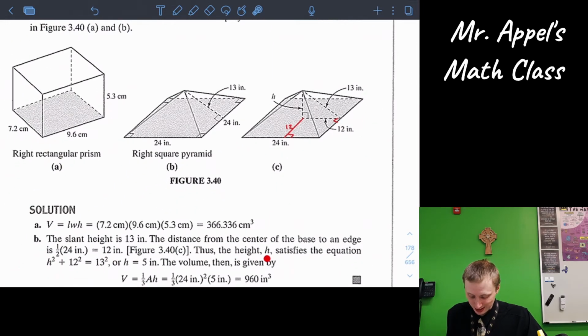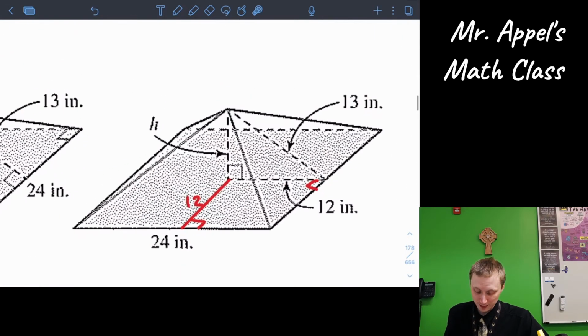And thus the height, h, satisfies the equation h squared plus 12 squared equals 13 squared. You might recognize that as the Pythagorean theorem, because look what we have now created inside the pyramid. This is a right triangle.